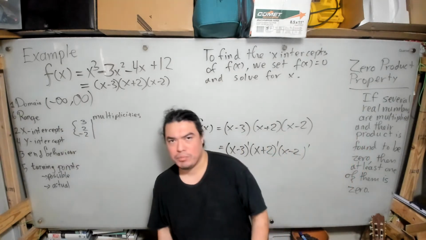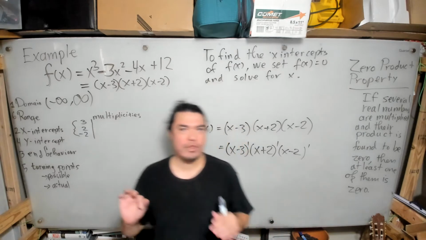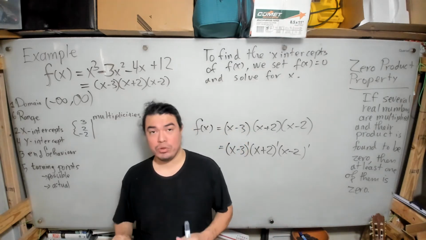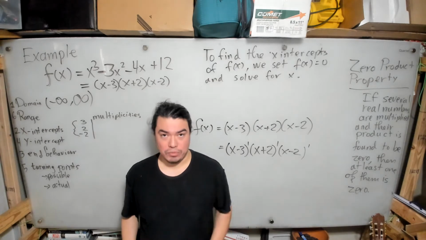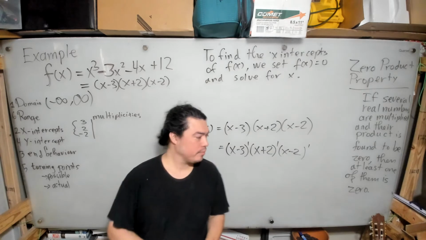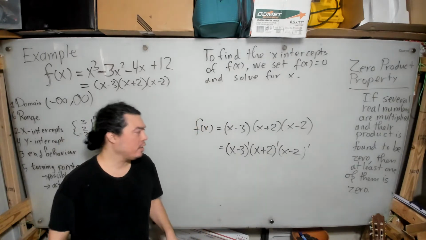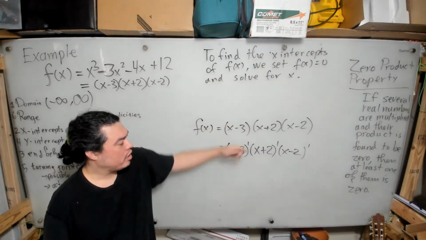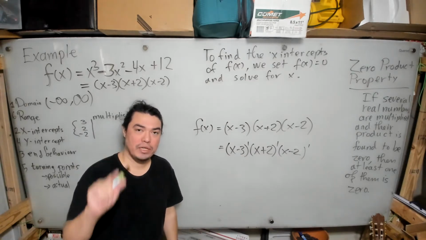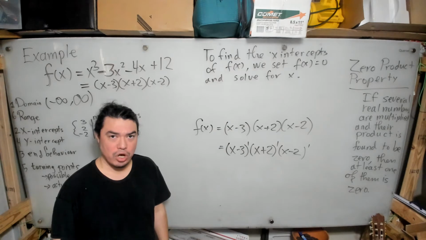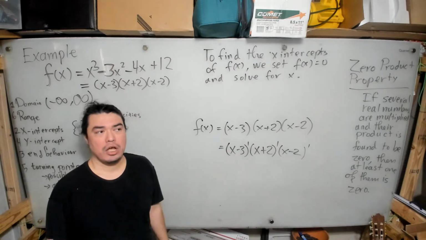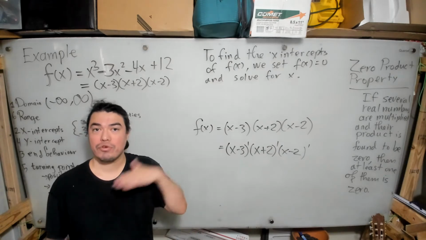We're talking about this because the behavior of the graph of the function at a zero will be determined by its multiplicity. If the multiplicity of that zero is odd, the multiplicity being the degree associated to that factor in the polynomial, then the zero corresponding to that factor will be a location where the graph crosses.